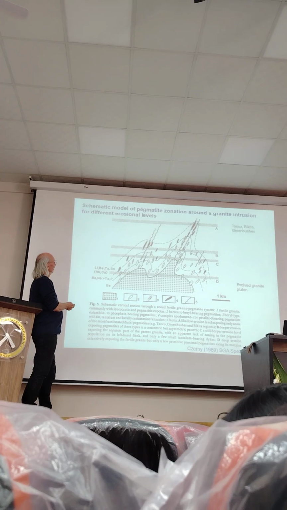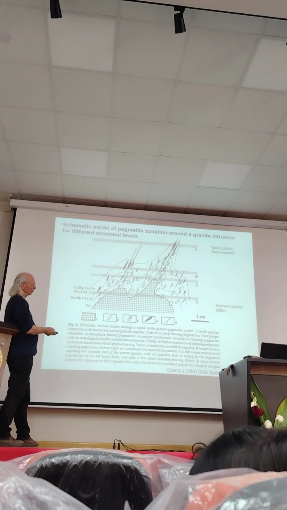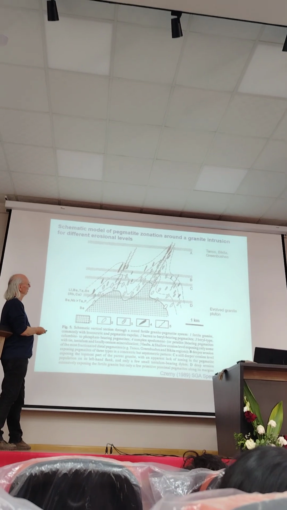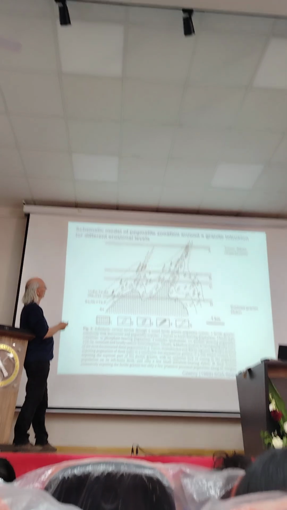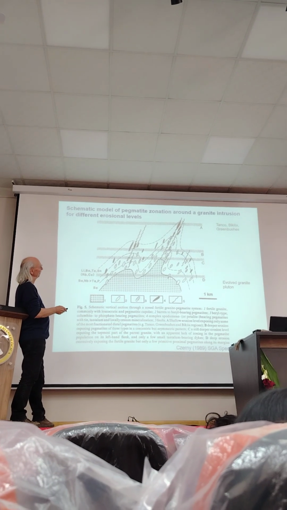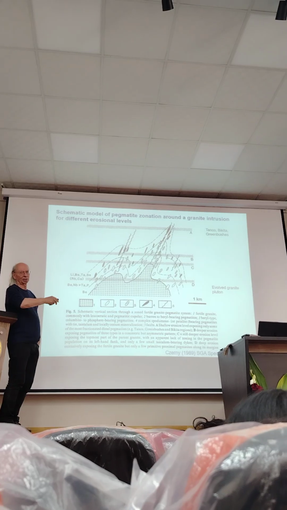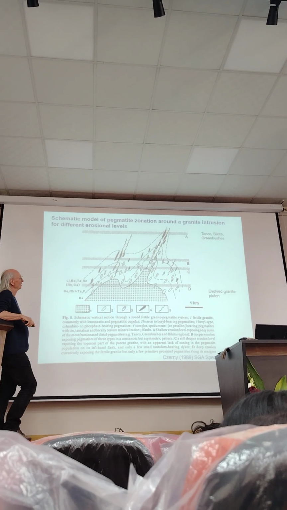So this is already better. Actually, this is from Germany, from a specialist of pegmatites. Anyway, at least he put some structures here. But some of the pegmatites in this case also are isolated. I don't understand this.